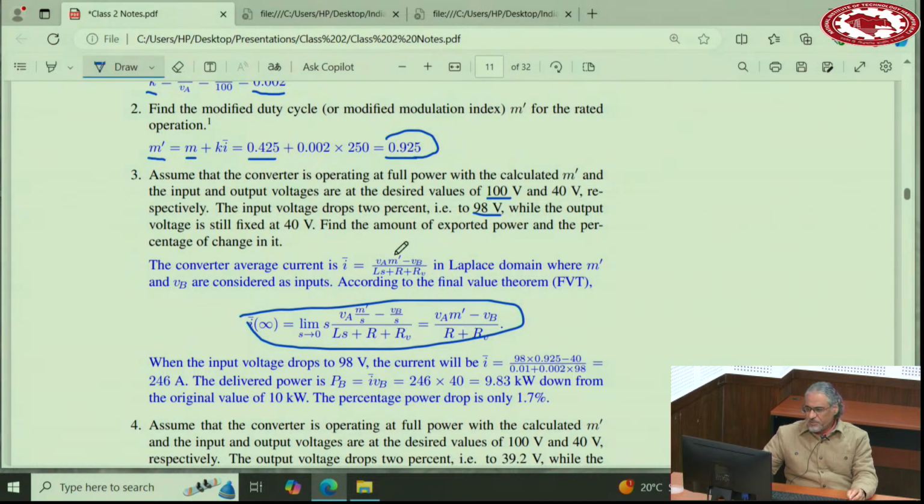But if you substitute here M prime equal to 925, VB equal to 40, VA equal to 98, sorry, and R equal to 10 milliohm, RV equal to 200 milliohm, you see the denominator becomes 210 rather than 10. So 21 times smaller.